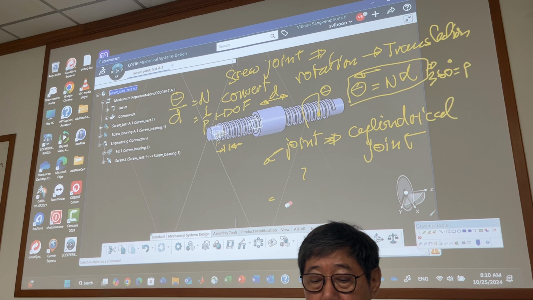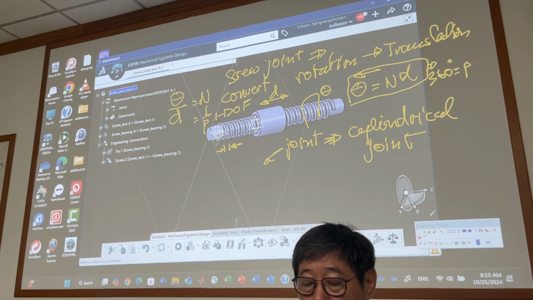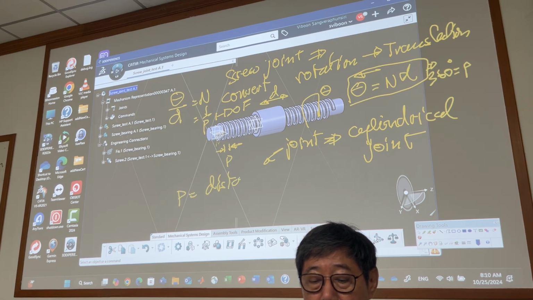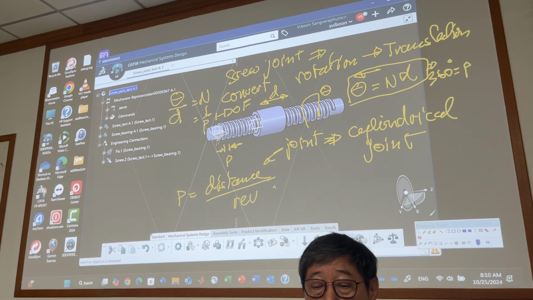Pitch is distance per revolution, right? Distance per revolution. So if you rotate 360 degrees, you have this revolution.